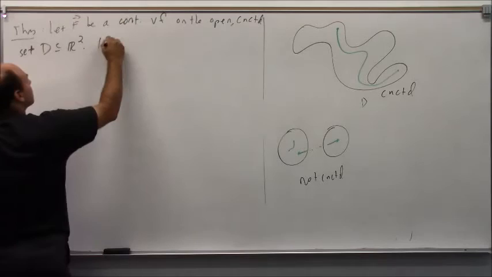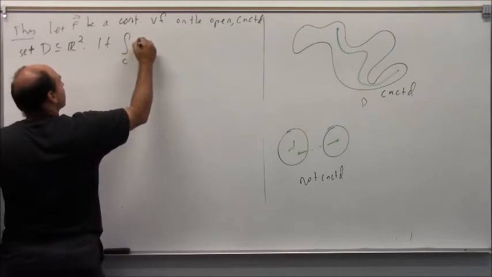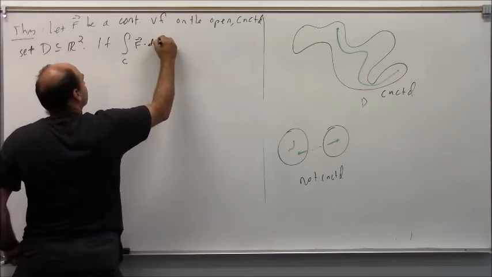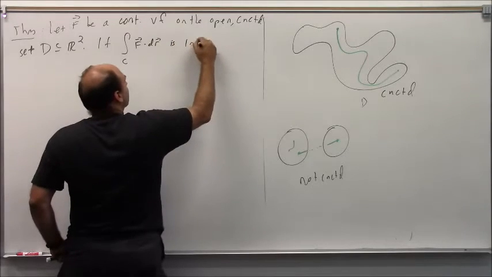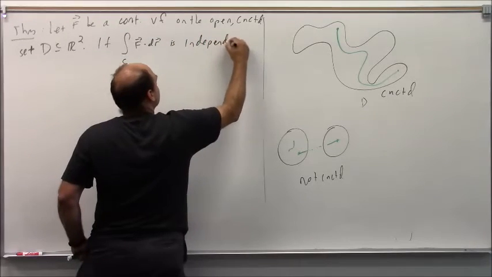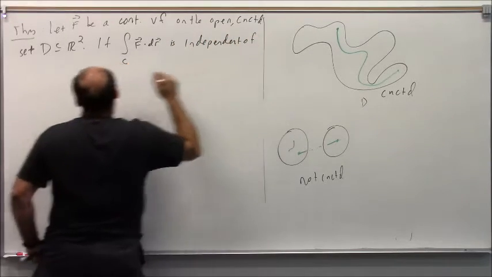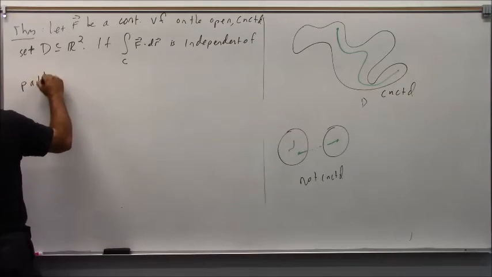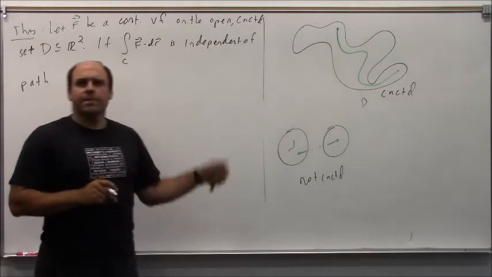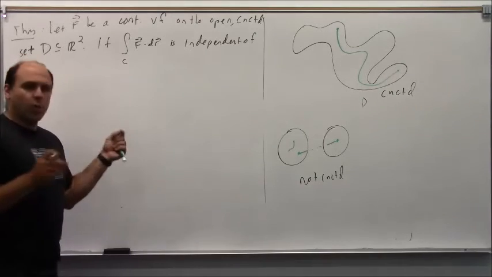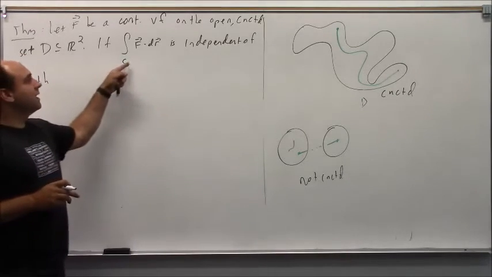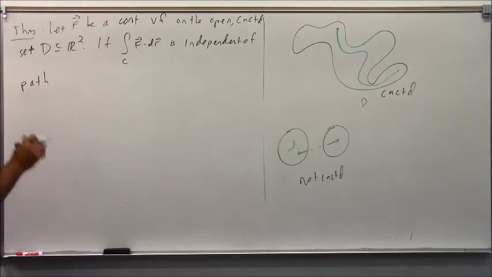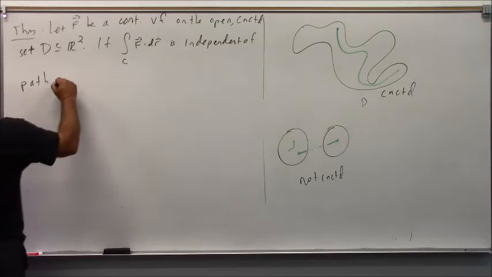If the path integral over C of F dot dr is independent of path, so knowing the endpoints of C, I can go between them however I want, and I'll get the same result. So that's what it means to be independent of path in D.